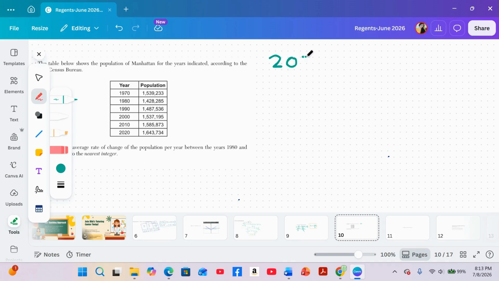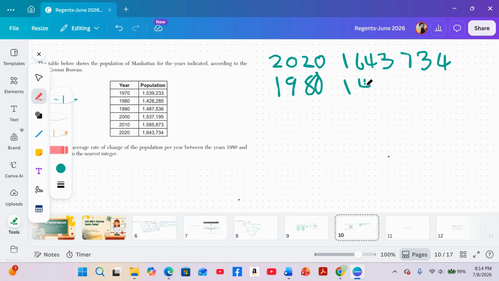In 2020, we had, in 1980, you had 1,428,285. So we'll subtract to get the difference.